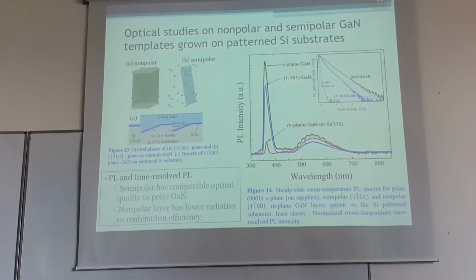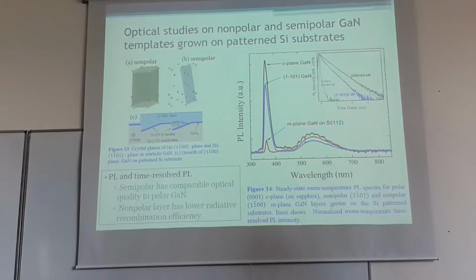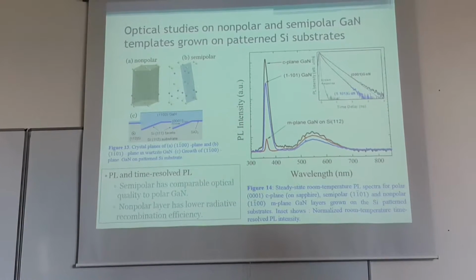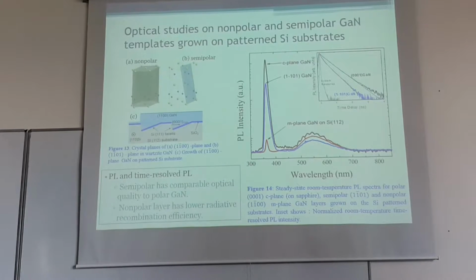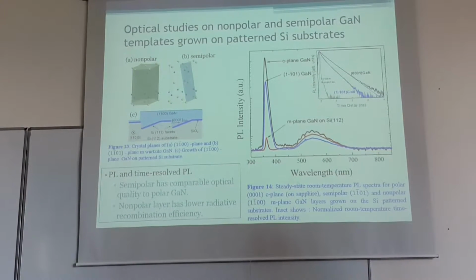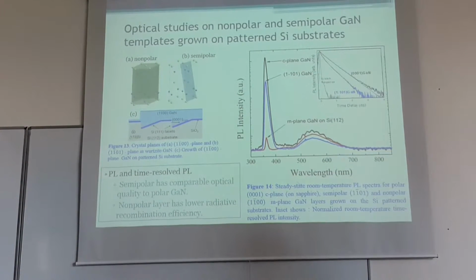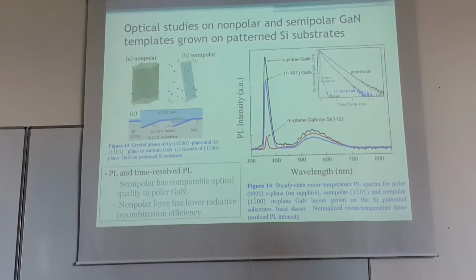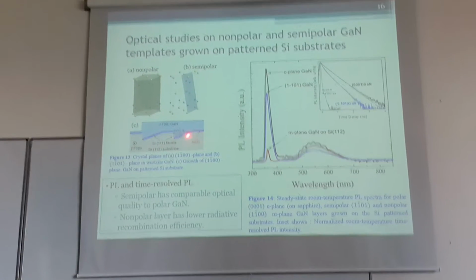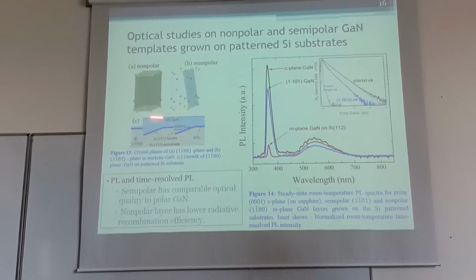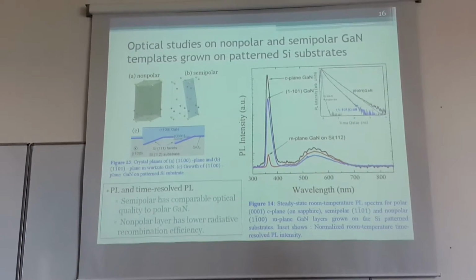Instead of sapphire substrates, which are commonly used in polar directions, we use silicon substrate, and we use etching techniques, acid etching and dry etching techniques, and we grow semi-polar structures on these substrates.